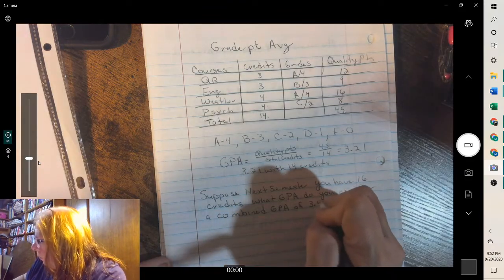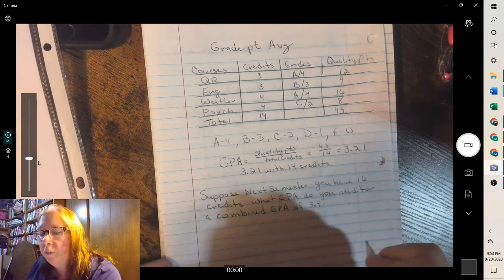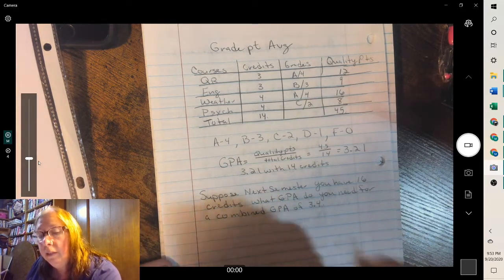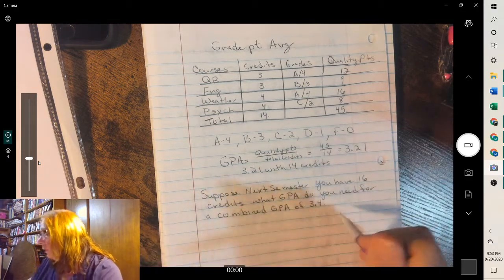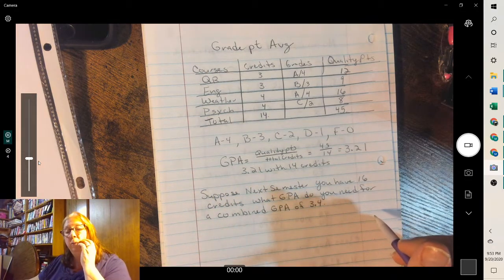So we want to try and bring our grade point average up to a 3.4. What do we need the next semester so we can do that? Maybe you need a scholarship and you have to have your grade point average up to a 3.4.